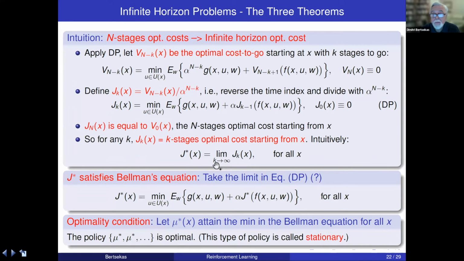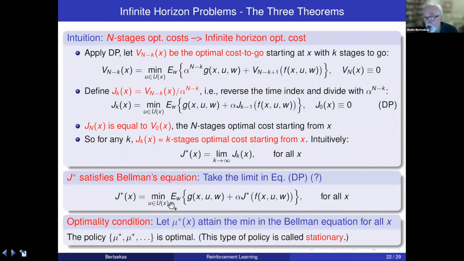So, value iteration converges is the first theorem. Bellman equation holds is the second theorem. The third theorem is that the optimal policy is stationary, and it's obtained by minimizing the right-hand side of Bellman's equation.